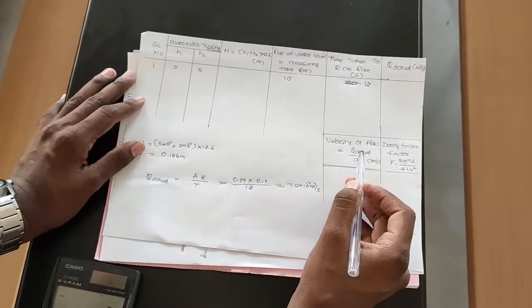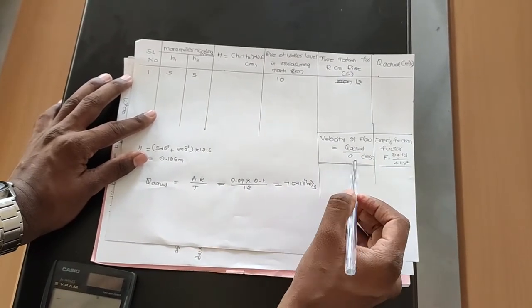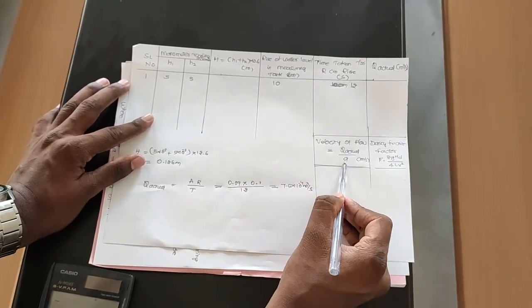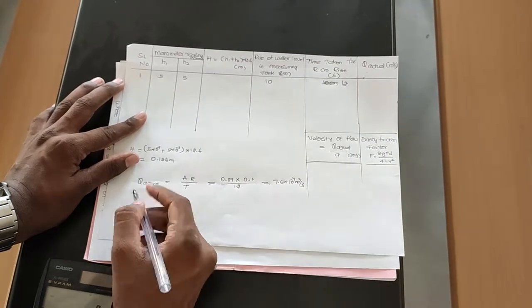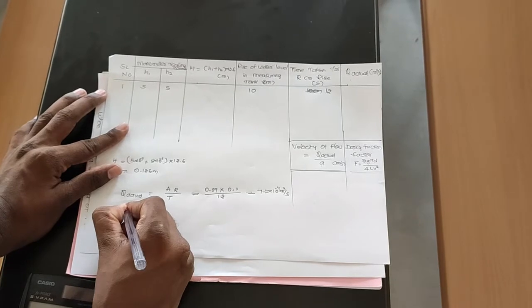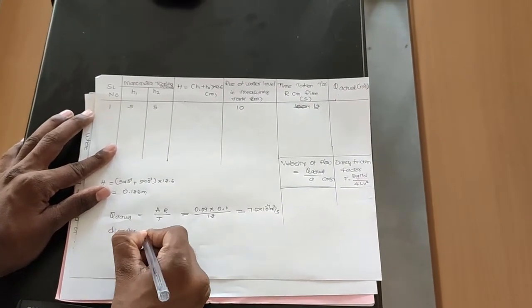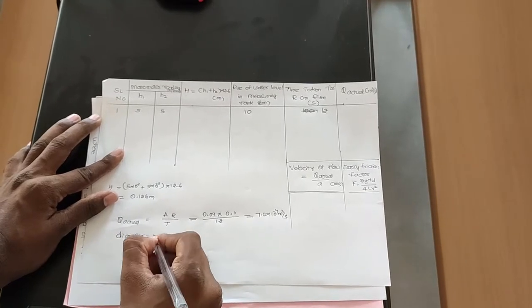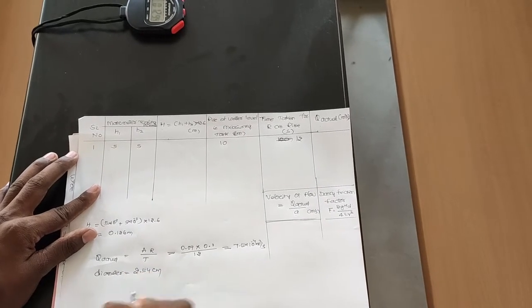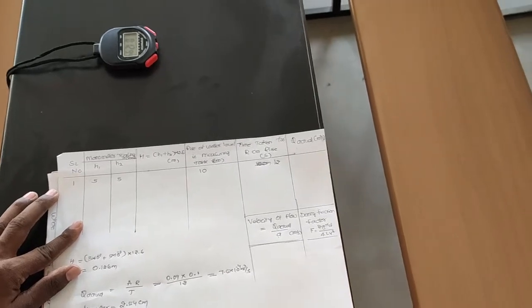Now you can calculate the velocity of flow. For calculating velocity of flow, we need the actual discharge and the area of the pipe. For the area of the pipe, first we need to note down the diameter, that we have already taken: 2.54 centimeters. Now you can calculate the area.